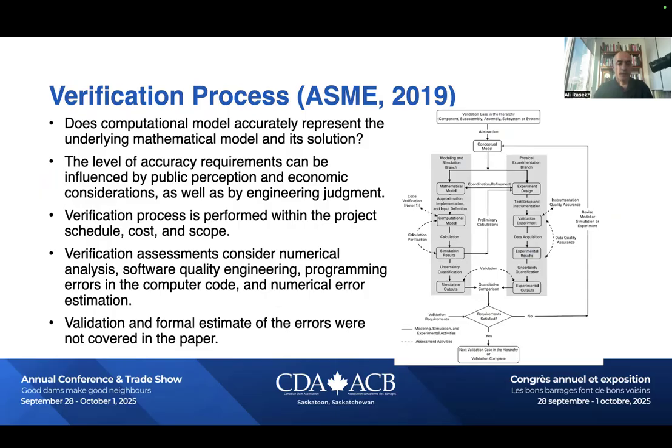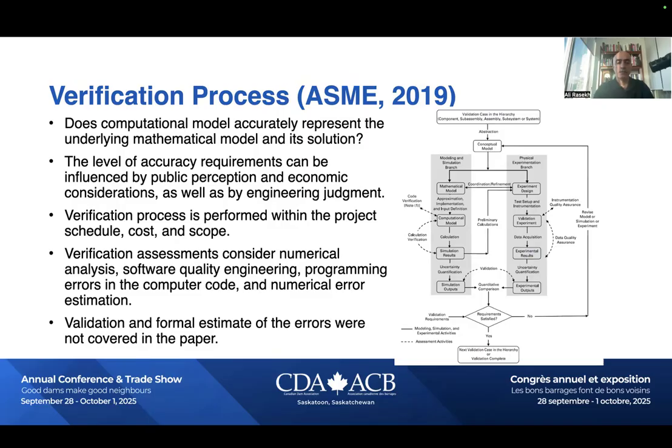The main question to answer for verification is whether the computational model accurately represents the underlying mathematical model and its solution. And the level of accuracy requirements can be influenced by public perception.